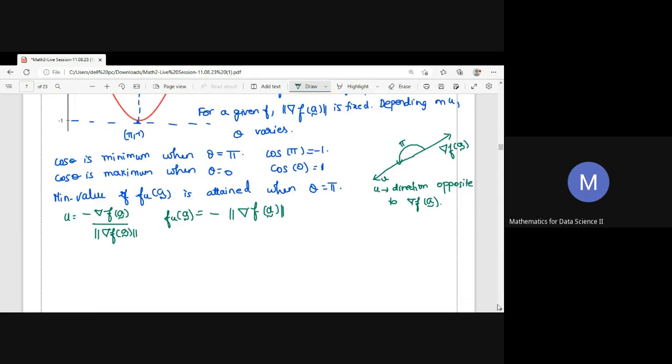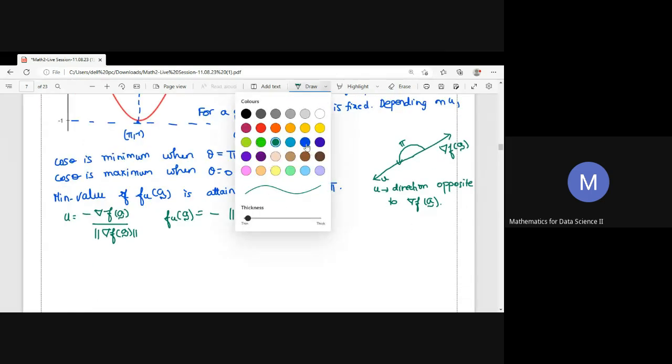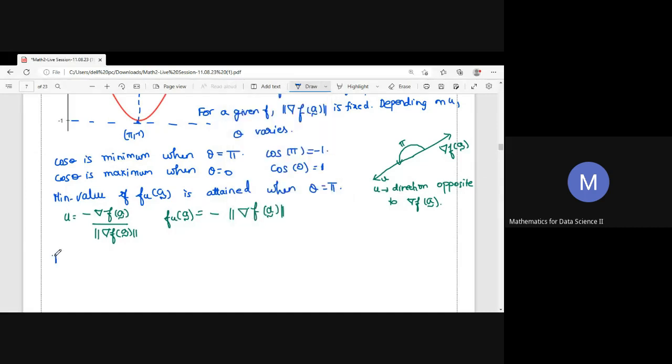Same way, we can tell the maximum value, which is attained when theta is equal to 0.